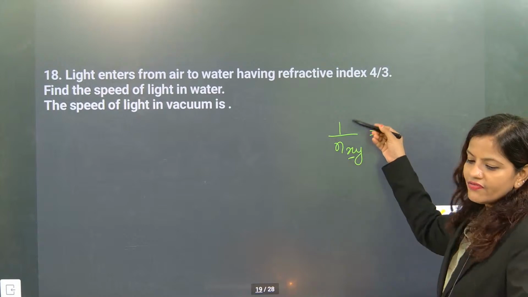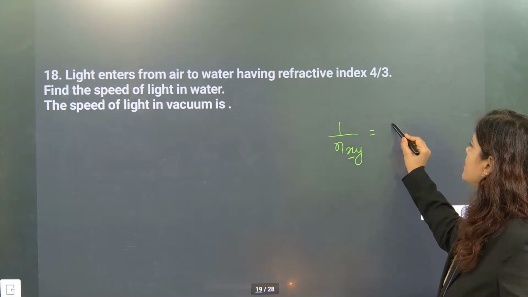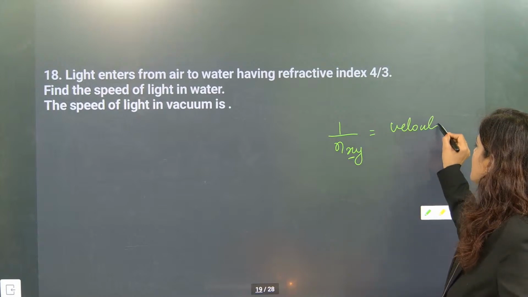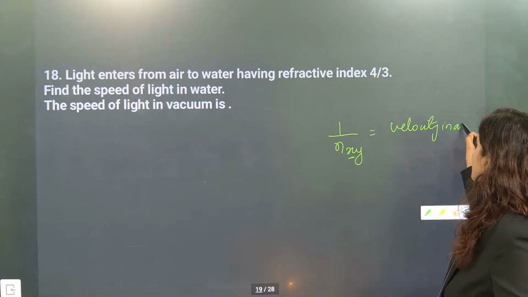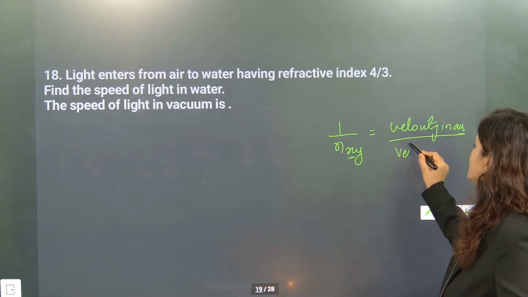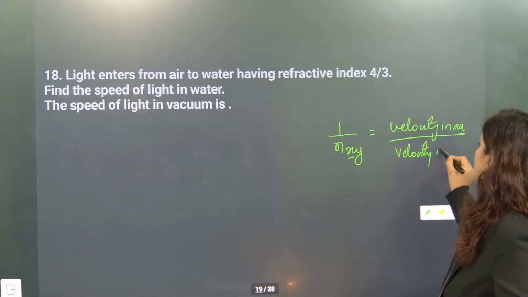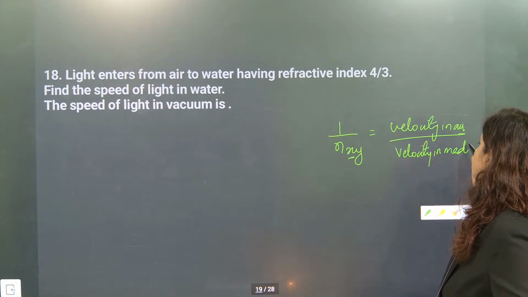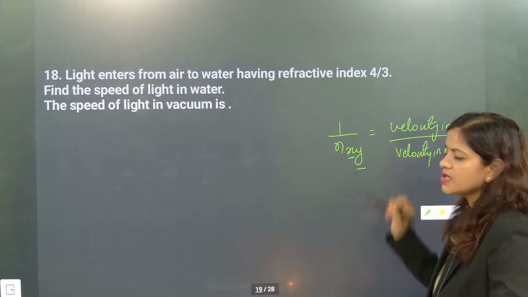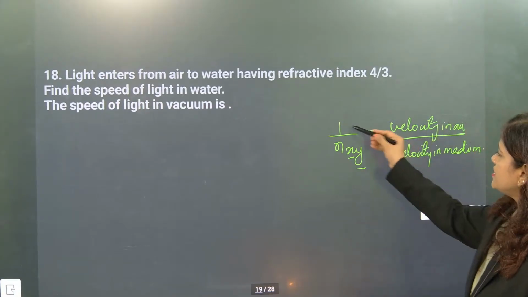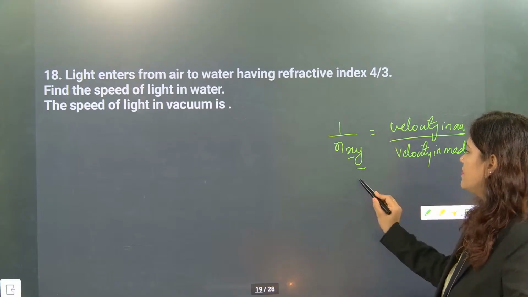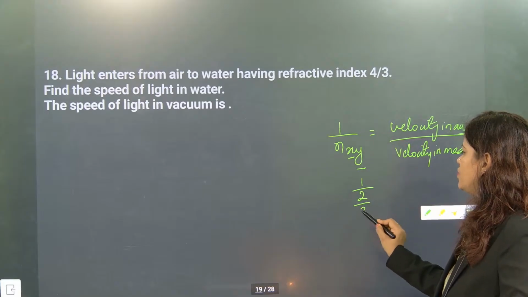at the time when we are refracting, 1 by this means velocity in air by velocity in medium. That medium we don't know, medium was y. And the value of 1 by this part is given as 2 by 3.